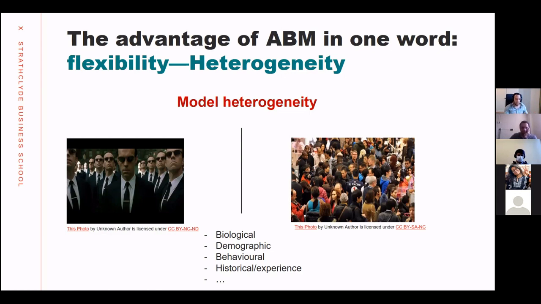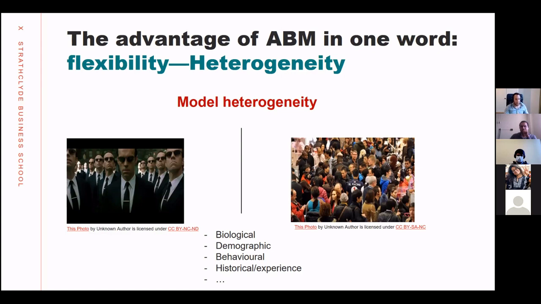It could be biological factors. If we have a model looking at diabetes, say, we can have a distribution for our population that describes the blood pressure of that population, while also describing different demographics, different behaviors of different parts of the population, and different historical experiences.